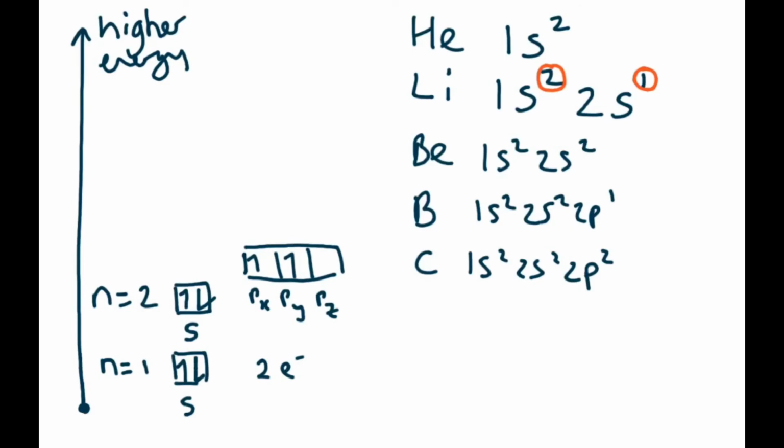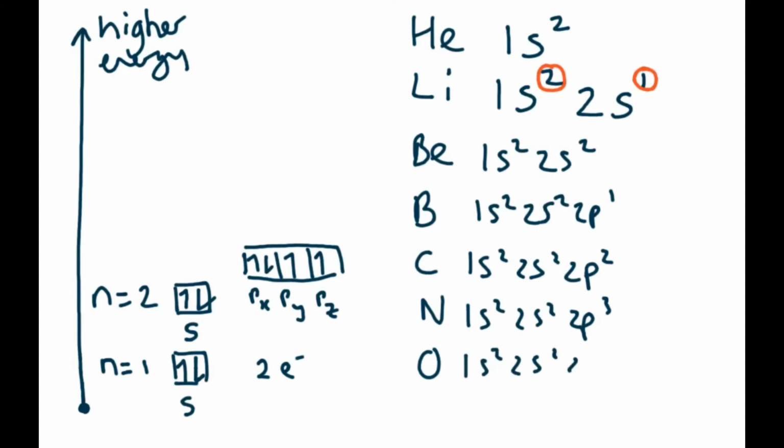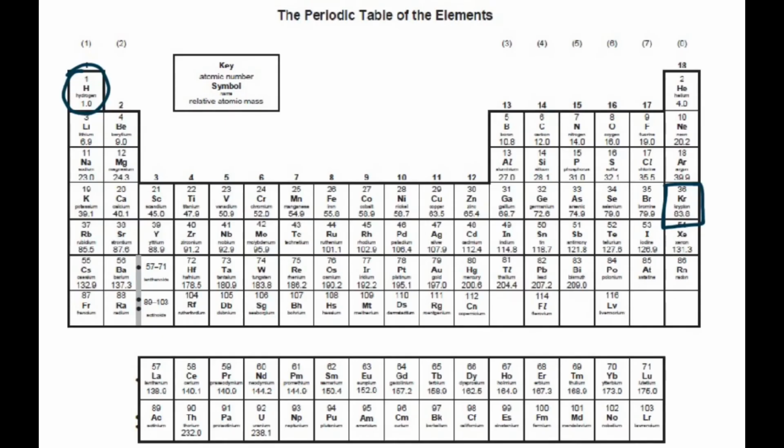And the next one is nitrogen. And again, it doesn't pair up because there's no need to pair up. 1s2, 2s2, 2p3. And the next one is oxygen. Now oxygen has to pair up because there's no more room, so it's going to go there, 2p4. 1s2, 2s2, 2p4. So we just go back to the periodic table.